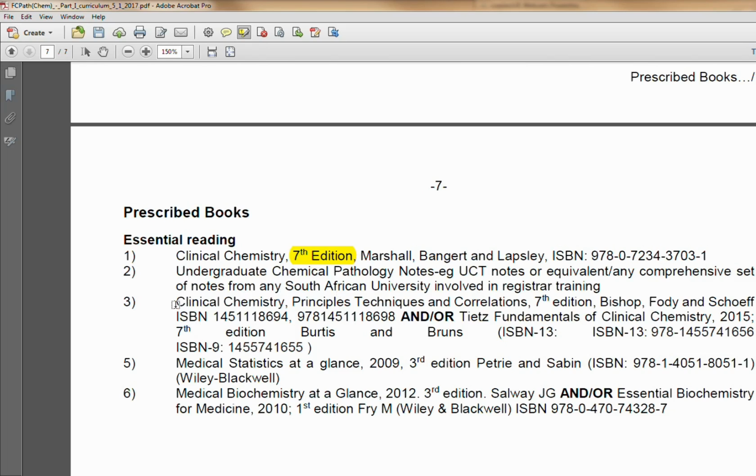Now, the next issue is, how do you tackle all the technical and operational knowledge that you are going to require? For this purpose, there are a couple of books that you need to become familiar with. Either Clinical Chemistry: Principles, Techniques, and Correlations by Bishop, or Tietz Fundamentals of Clinical Chemistry.